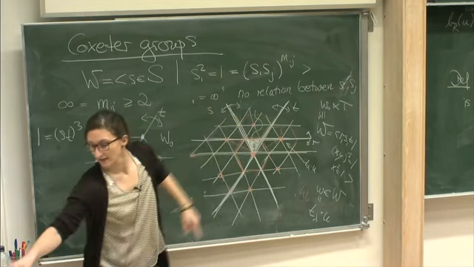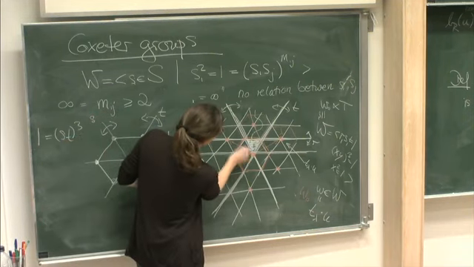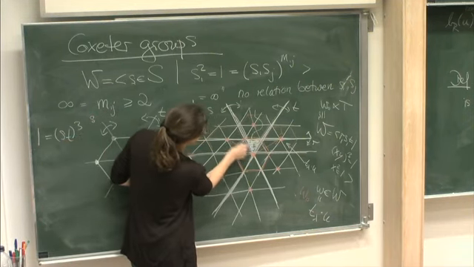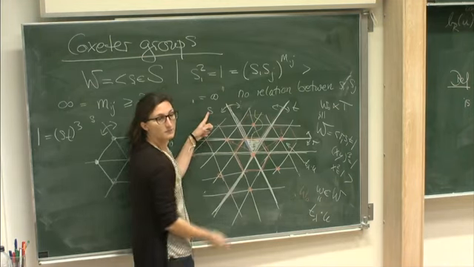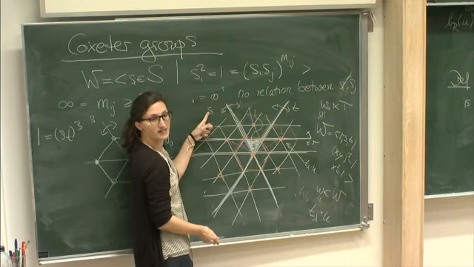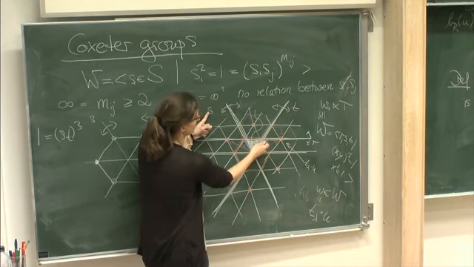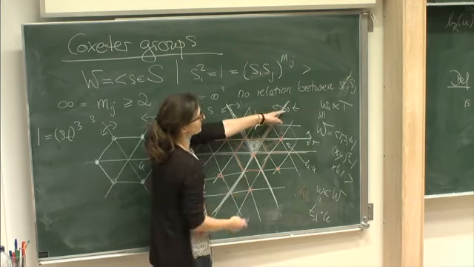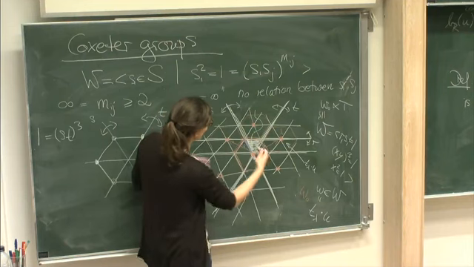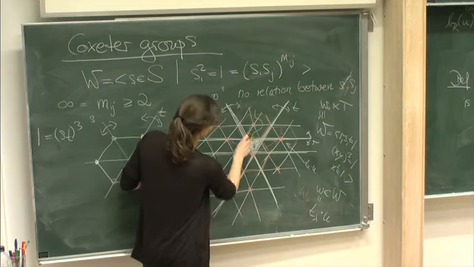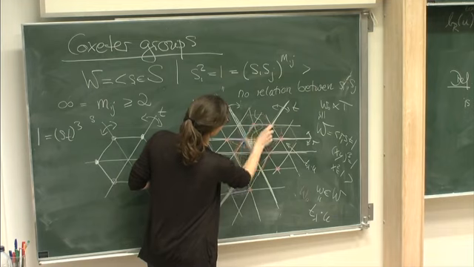With the same principle, I can color in this codimension 1 face and name it S, because I get from here to here via S. And then this one is left white, it corresponds to T. Okay, and using the group action, I can color in all the faces.